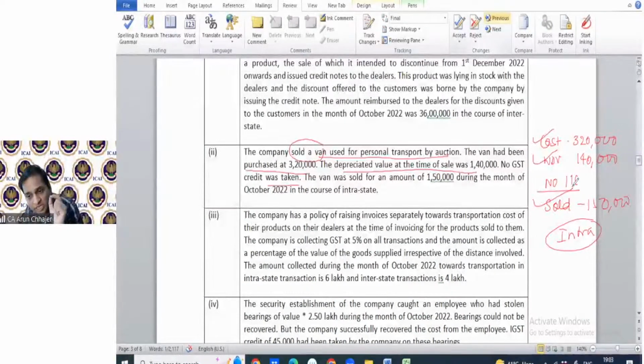On how much amount we need to pay the GST? 1,50,000, 320, 140, or any other value.